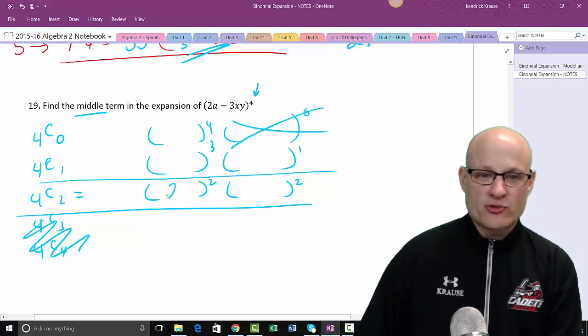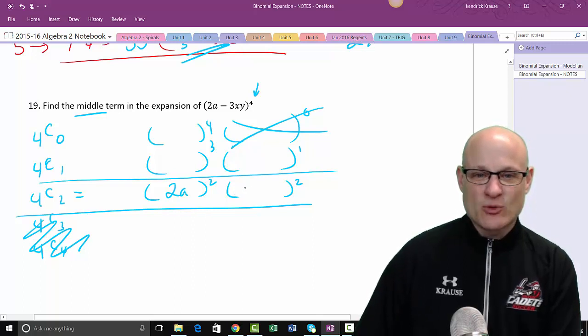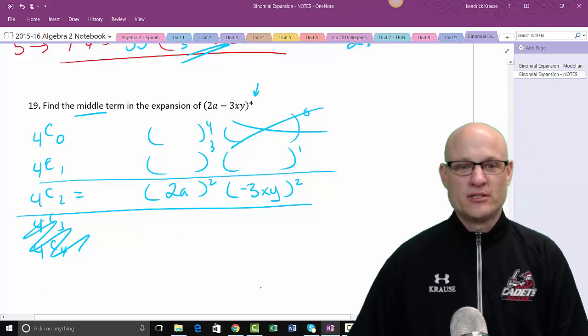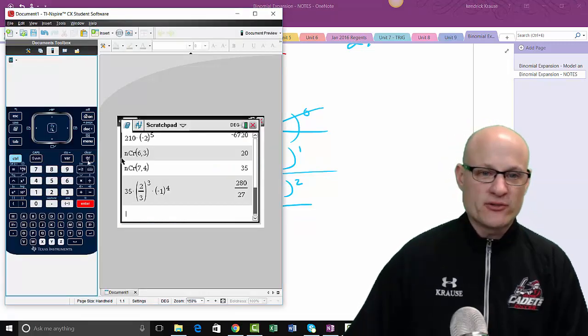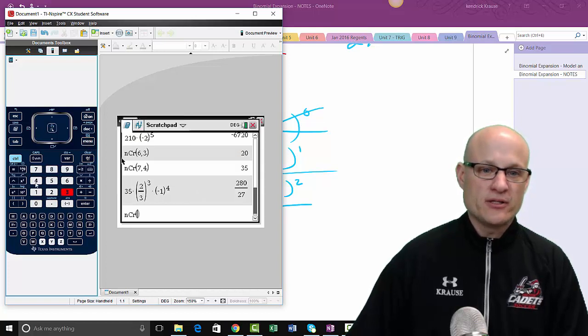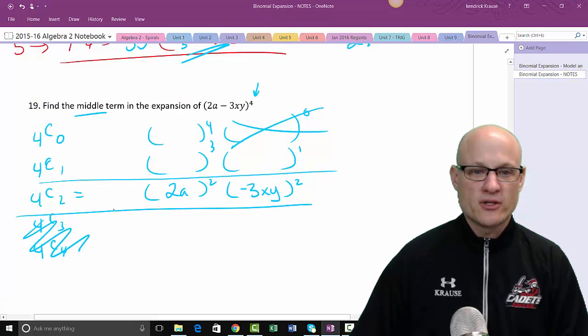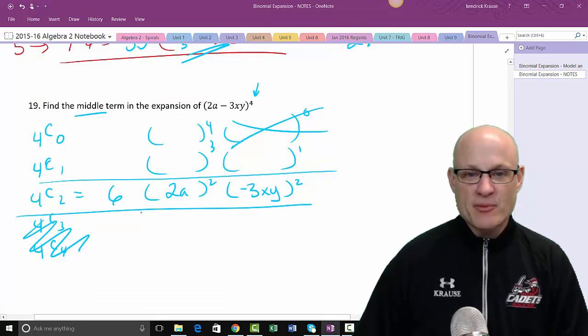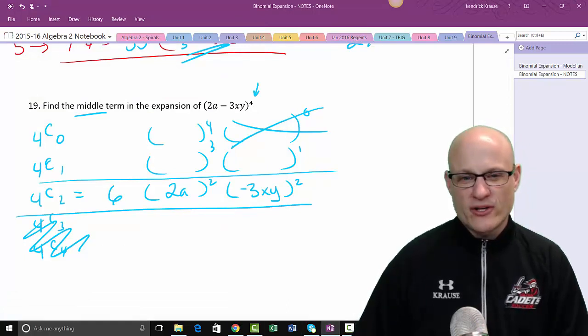In the first one's going to go 2a. In the second one is going to go -3xy. Woo! Now I got to figure out what 4C2 is. You should know it's 6, but let's see. Menu 5, 3, 4, comma 2, 6. There it is. So 6. Now I'm going to go through and just type in all of the numbers.